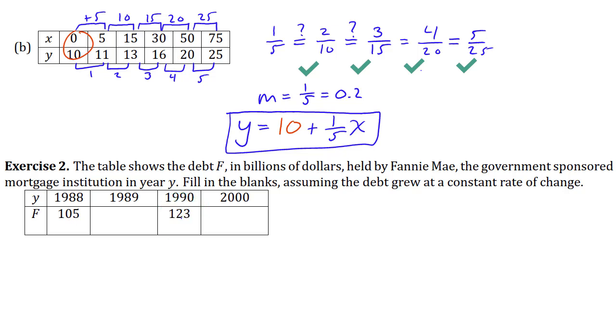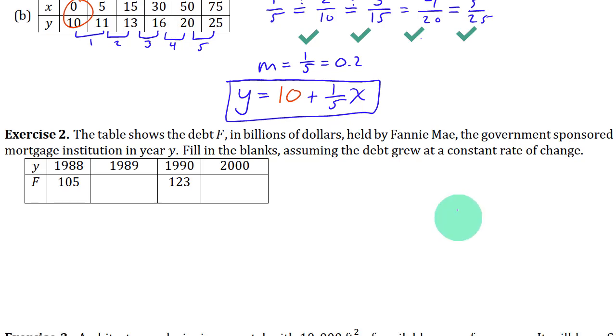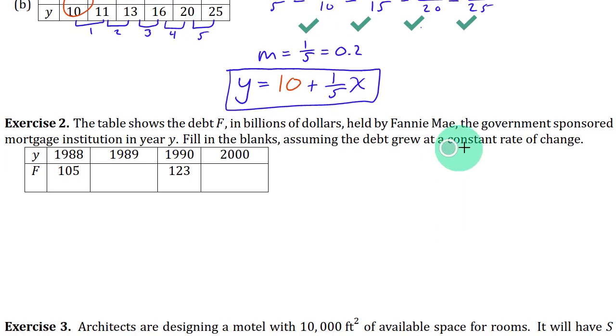So we're going to assume that the debt grew at a constant rate of change. So what is that constant rate of change going to be?